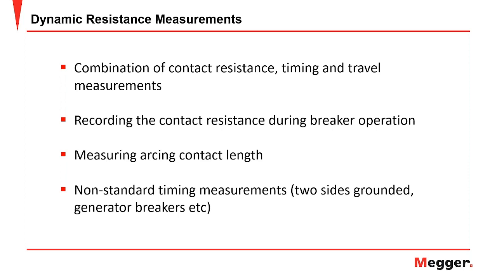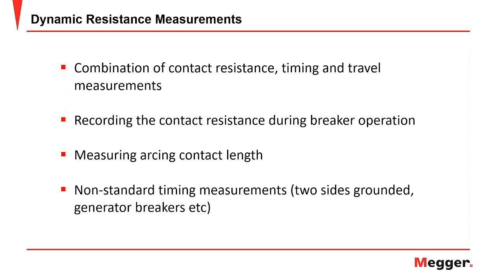It is the contact which is under the highest level of stress. The only method to do that measurement of the arcing contact is a dynamic resistance measurement, and this is practically a combination of contact resistance, timing and travel measurement.